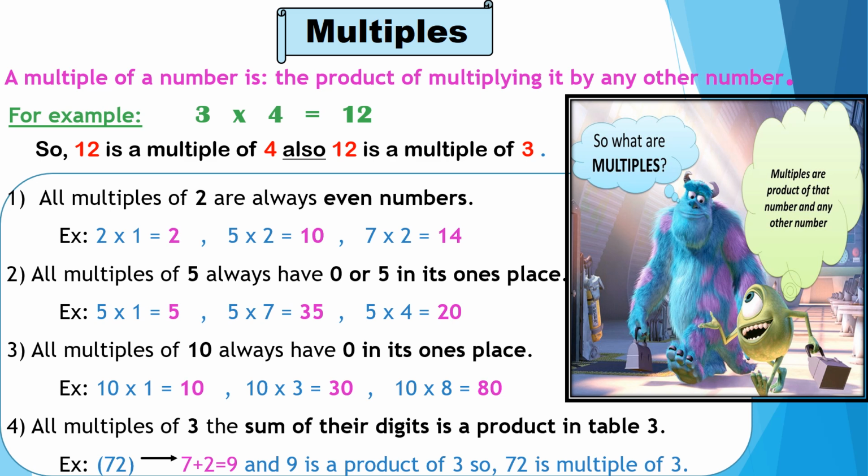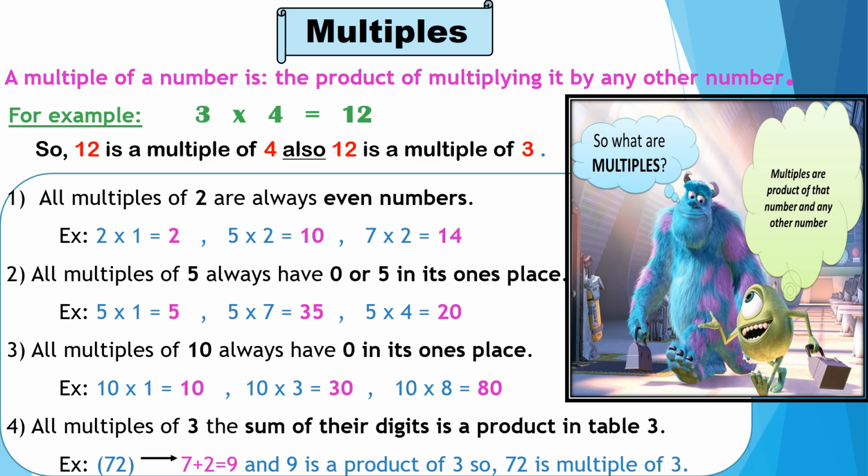Number 2: all multiples of 5 always have 0 or 5 in the ones place. Let's look here for examples. If we multiply 5 times 1 it will be 5. 5 times 7, 35. 5 times 4, 20.